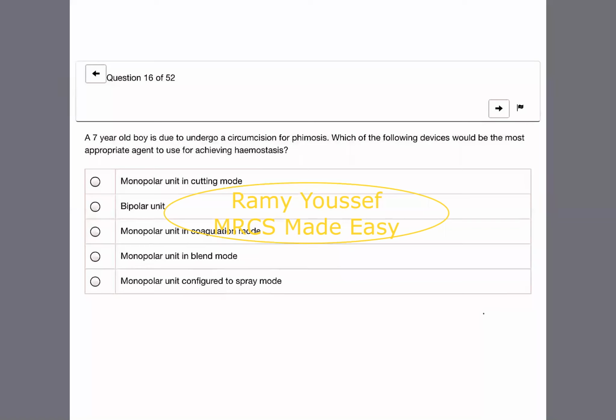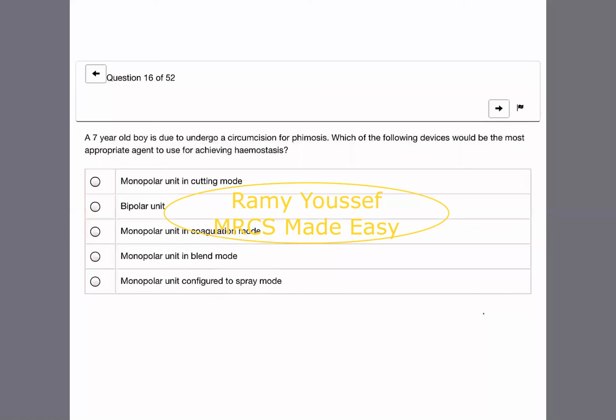Which of the following devices would be the most appropriate to use for achieving hemostasis? Monopolar unit in cutting mode, bipolar unit, monopolar unit in coagulation mode, monopolar unit in blend mode, or monopolar unit configured to spray mode? We have to use the bipolar unit. All the others are monopolar. You cannot use them on the penis. So the answer is B, bipolar unit.